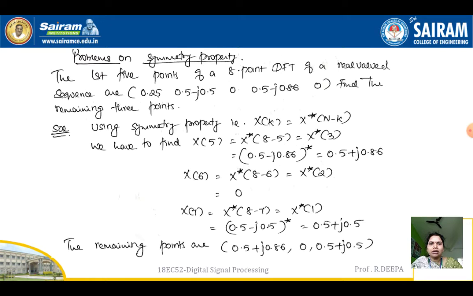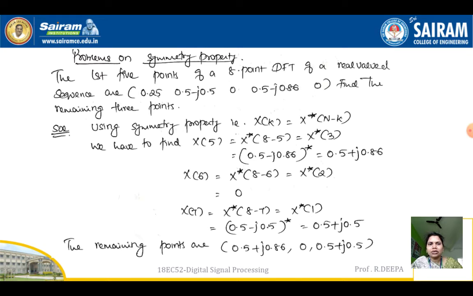So you need to identify which property to be used. We have a hint here, that is the first 5 points are given. You have to find the remaining points, and also the points are related to a real valued sequence.